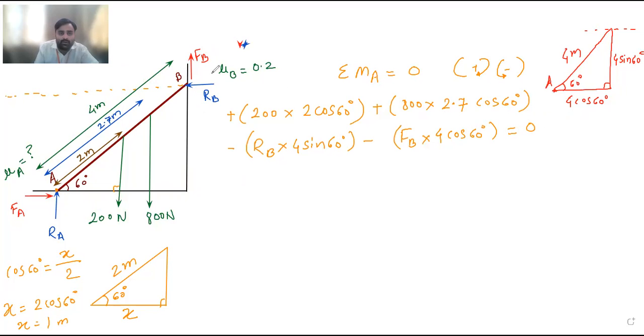So now here, you know the relation between FB and RB. Here I can say FB, the frictional force at B, is equal to mu B into RB, which is equal to 0.2 into RB. Now if you put the values, what you will get?